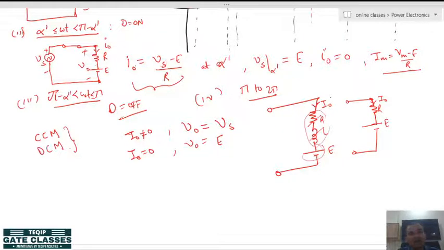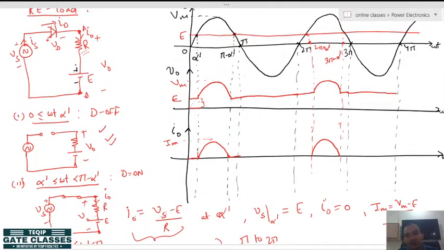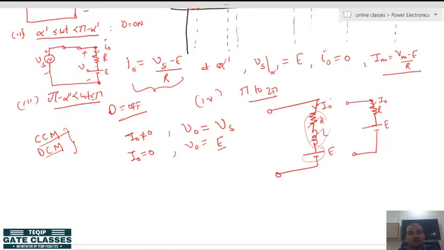Whenever we are dealing with an RLE type load or RE type load in continuous current mode, the load current is continuously flowing, so we will never get E at the output. Discontinuous current mode means whenever the output current becomes 0, like this, and then we must get E at the output. I think this will make the concept very clear for future circuits also.